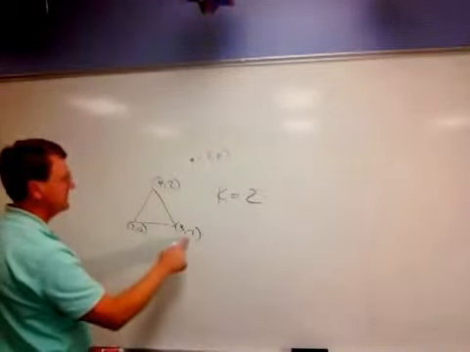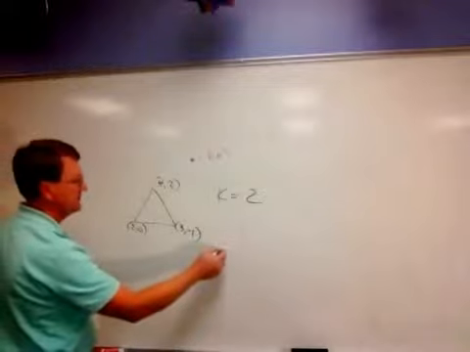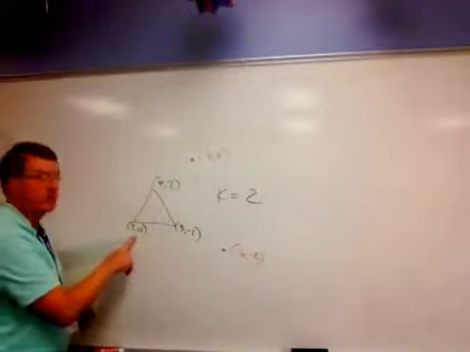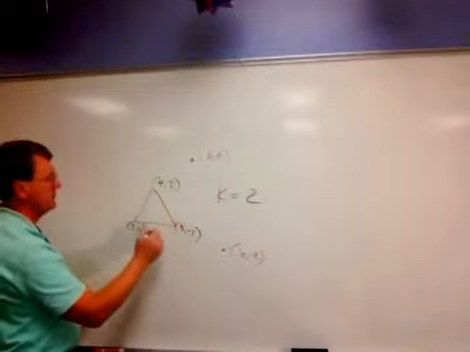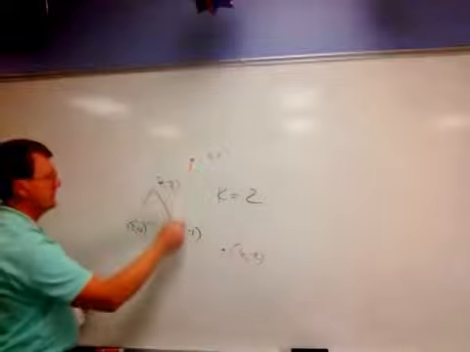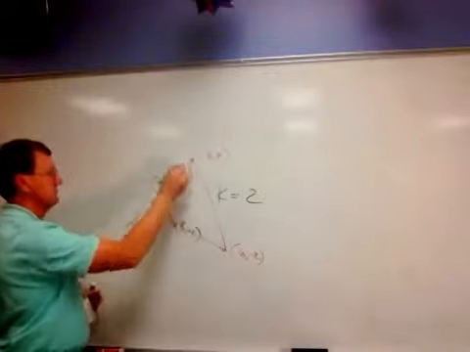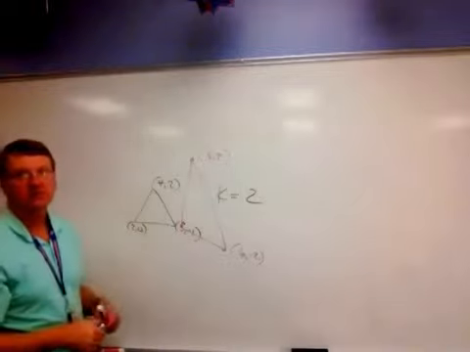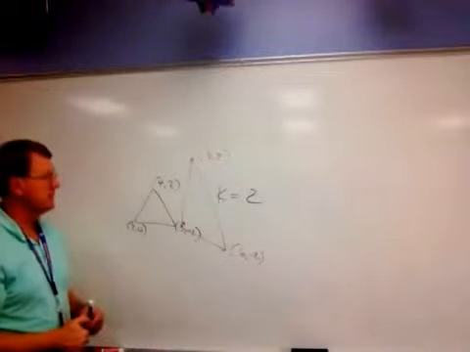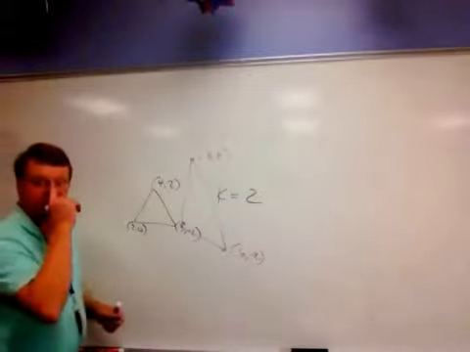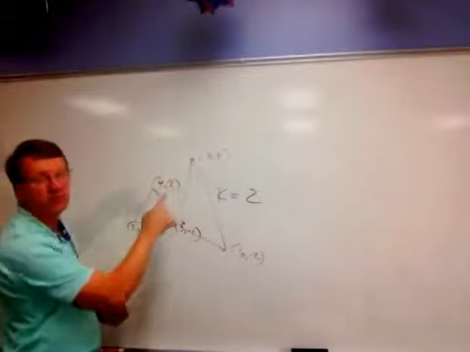Double this. 6, -2. 6, -2. 2, 0 becomes 4, 0. It transforms it. That's a terrible drawing, but that's why you got to have graph paper and stuff. What's the point? The point is, all you do is double it.